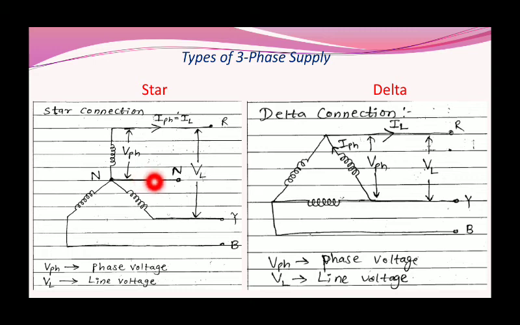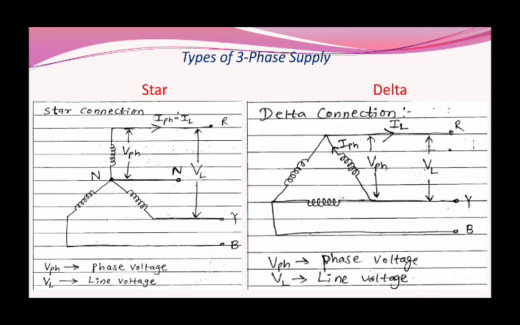Now one more thing we have to understand in three phase. There is voltage and current, but for voltage there are two things we talk about: phase voltage and line voltage.